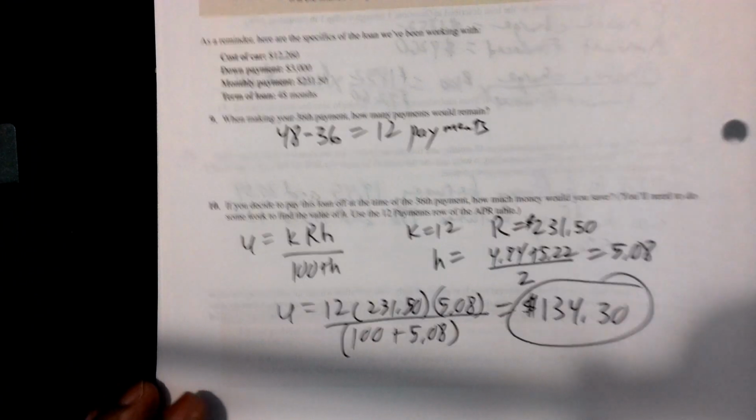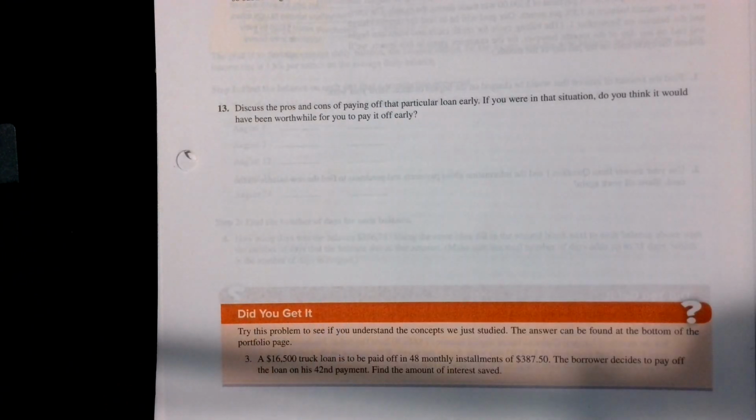Okay, now move on over to the next page. Problem number 11. It says, in this situation, you will surely want to know how much it would cost to pay off the loan. The first step would be to find the total cost of all the remaining payments after the 36. So do that.